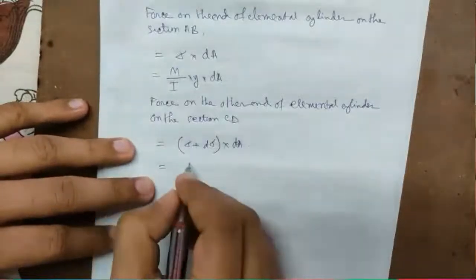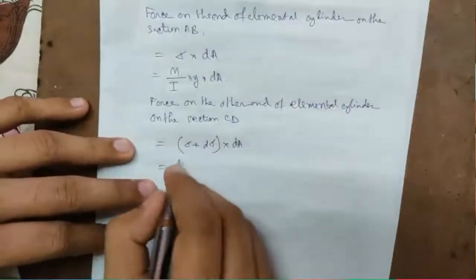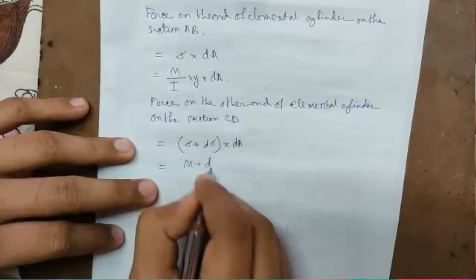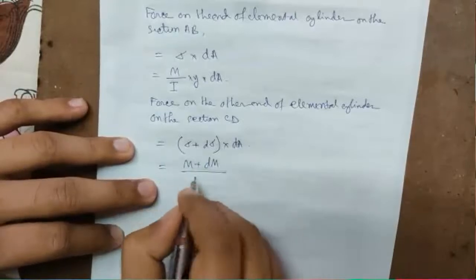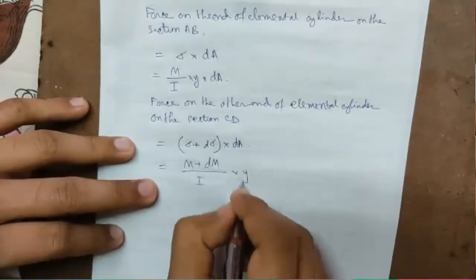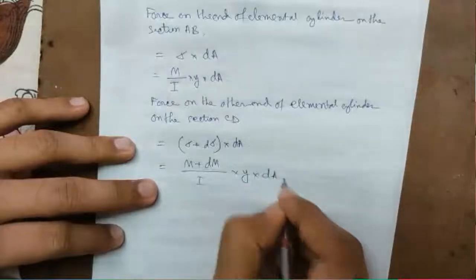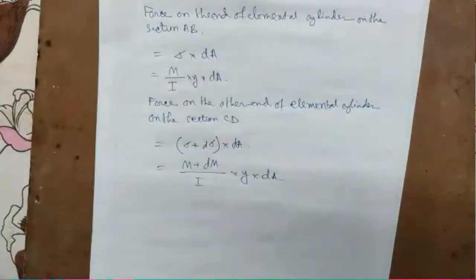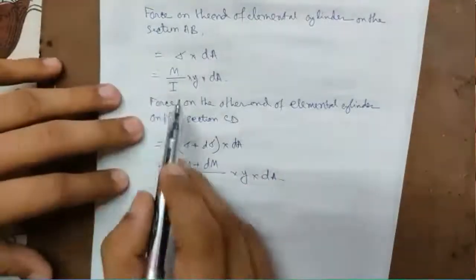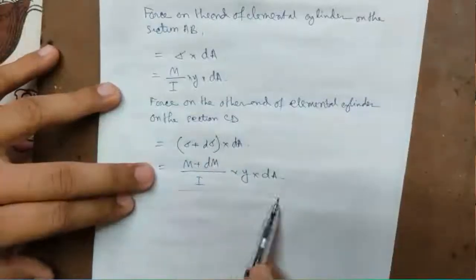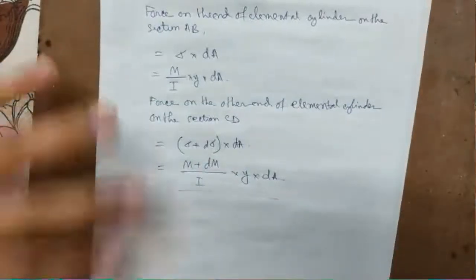We put in the expression of sigma plus d sigma that we just found on the previous page: M plus dM by I into y into dA. Now one end the force is this, the other end the force is this, so they have variation.